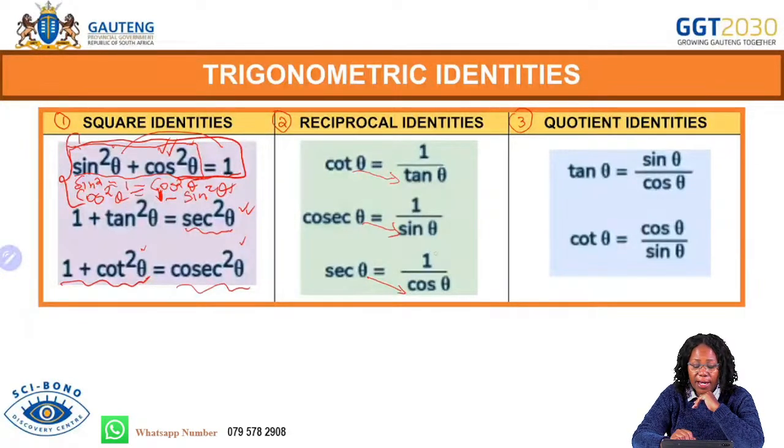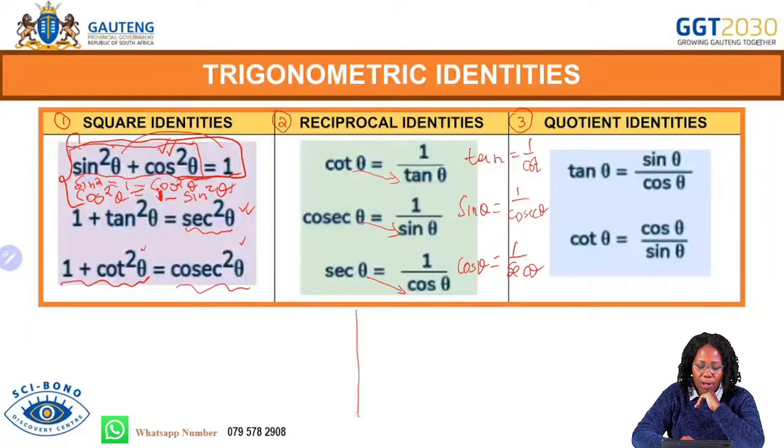When I have a sec, I can write it as 1 over cos. The same applies where I have a tangent, I can write it as 1 over cot. When I have sine theta, I can write it as 1 over cosec theta. You can play around with that, grade 12. I can have cos theta written as 1 over sec theta there.